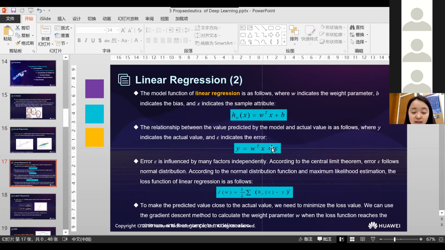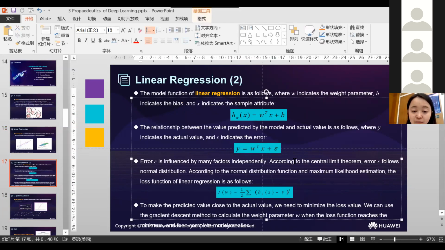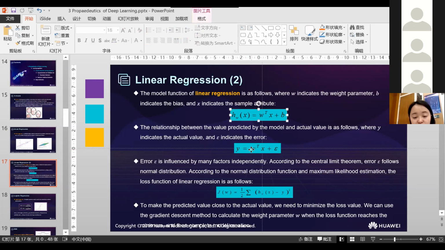And here is the actual label. That is y equals wx plus sigma. Here sigma is an error, that is the noise, because there is a lot of noise in practice. So sigma indicates the error or noise, and this is the prediction and this is the actual label.